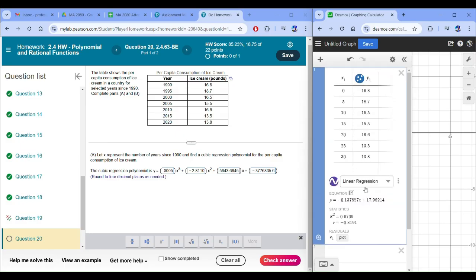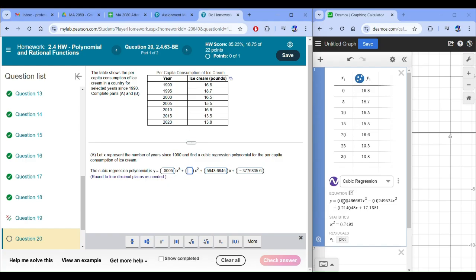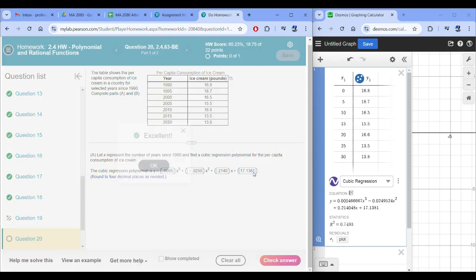Cubic, linear, put it back to cubic. Negative 0.0250, this goes to 0.2140, and this goes to 17.1381. There we go.